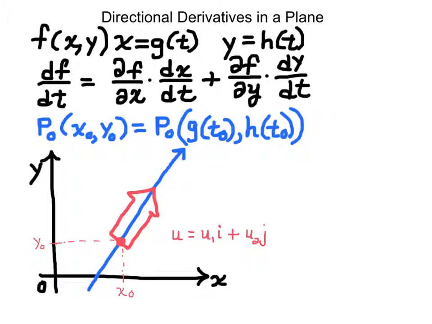I'm going to go back to blue, and we're going to talk about the blue line here, which is f, and this is represented by x, which is equal to x naught plus a constant s times the unit vector component u sub 1, and by y, which is equal to y naught plus the constant s times unit vector component u sub 2.